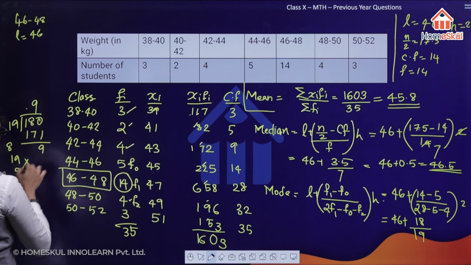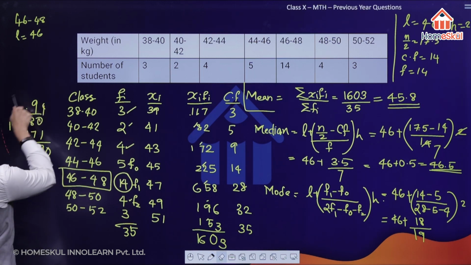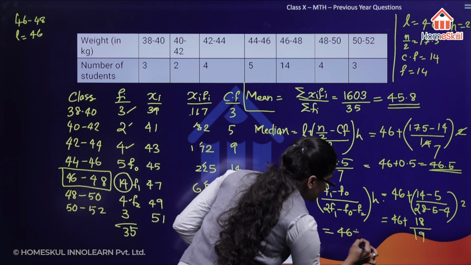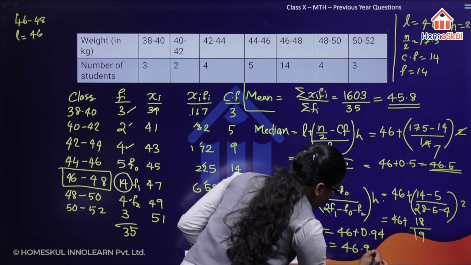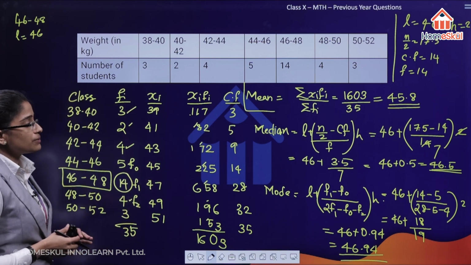So it will be 9 again, putting a decimal over here. 19 times 5, it's 95. So it will be 4. So it will be 0.94, isn't it? That is 46 plus 0.94, which means the value is equal to 46.94. We are getting the value of mode is equal to 46.94.